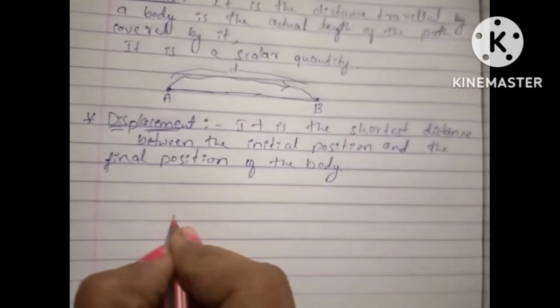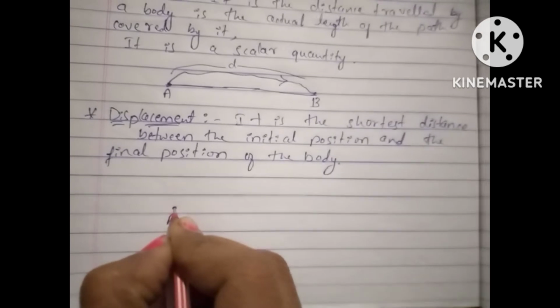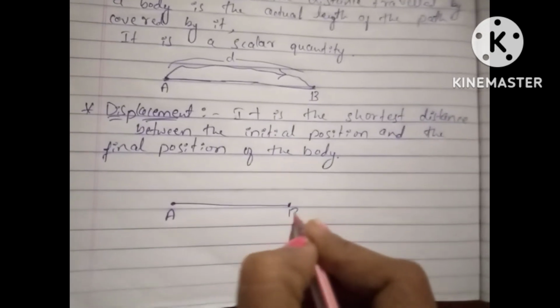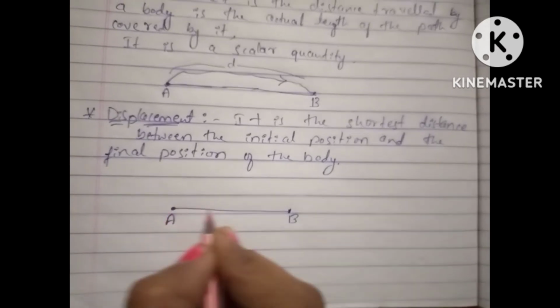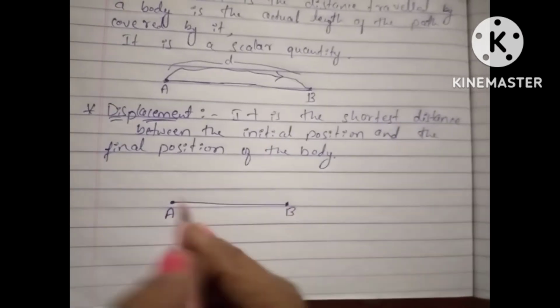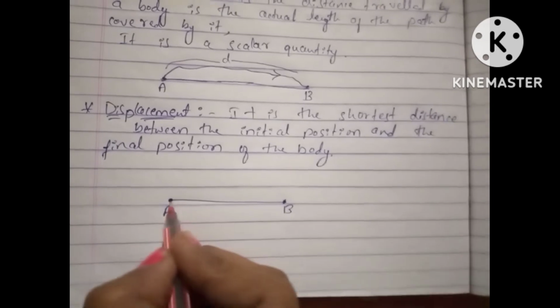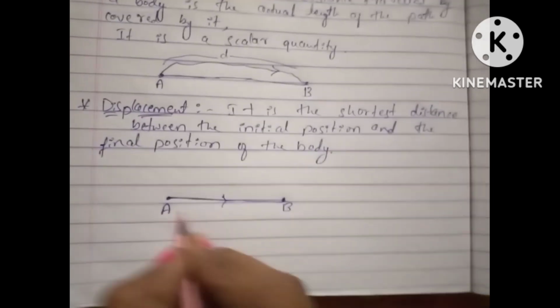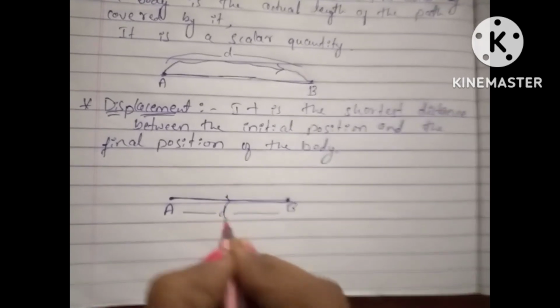That is, if a body moves from point A to point B, it is the shortest distance. The distance between A and B, this one is the shortest distance, and this is called as displacement.